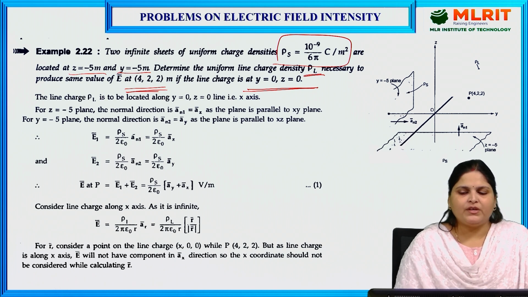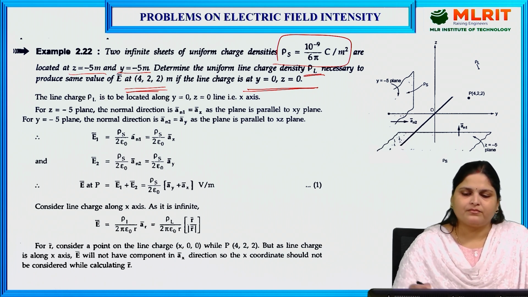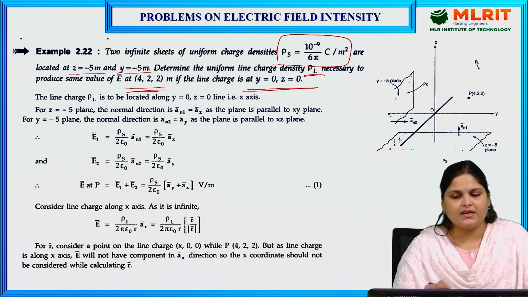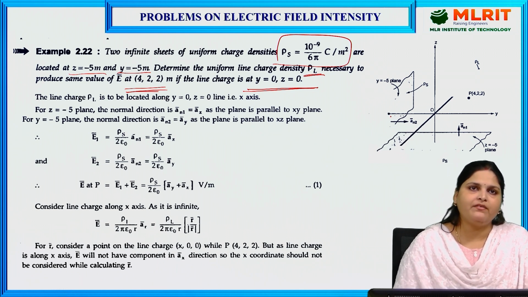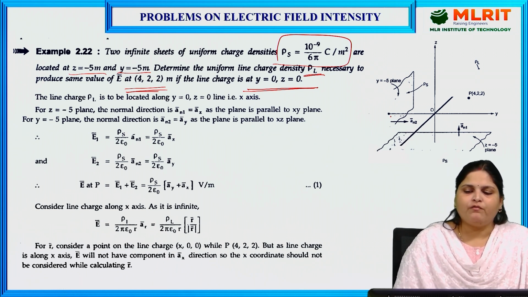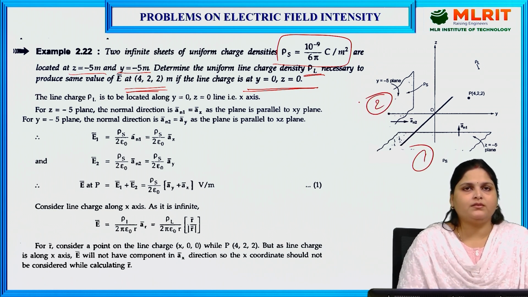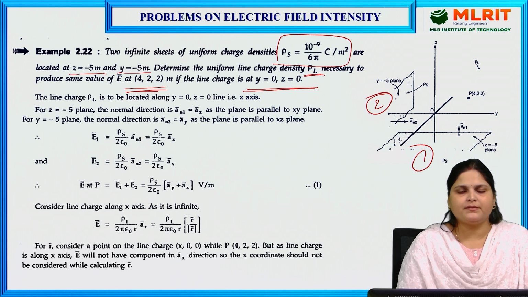I'll explain the question. Two surface charges are given. One is at Z is equal to minus 5 and another one is at y is equal to minus 5. This is the first one, this is the second one. For both, the charge densities are the same, rho s.